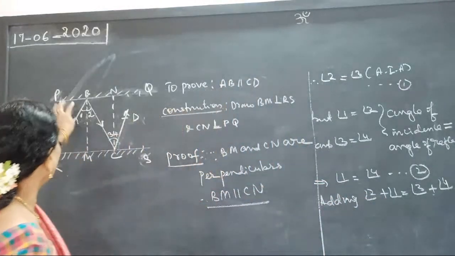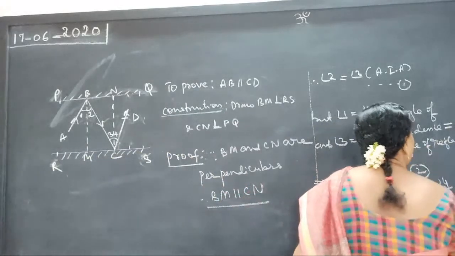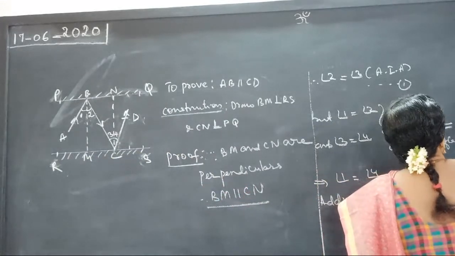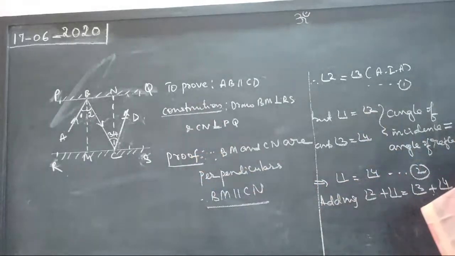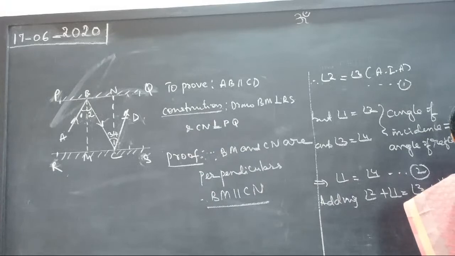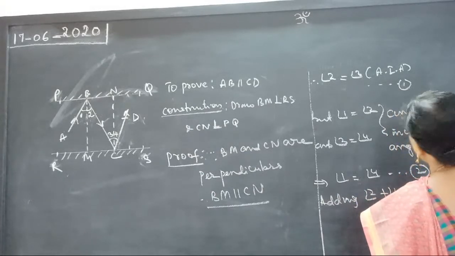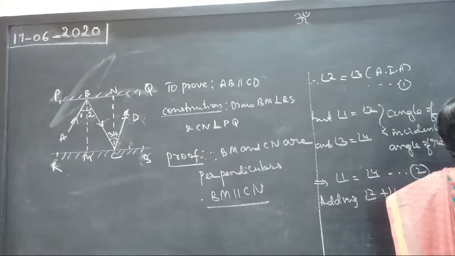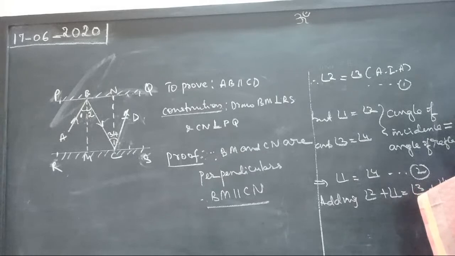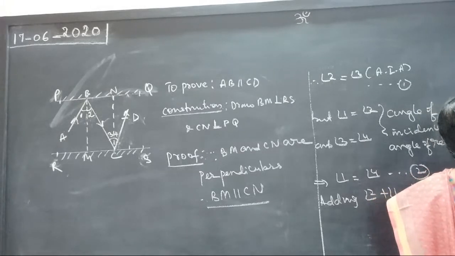Angle 2 plus angle 1 together is angle ABC, which equals angle DCB, which implies AB parallel to CD because they form alternate interior angles.